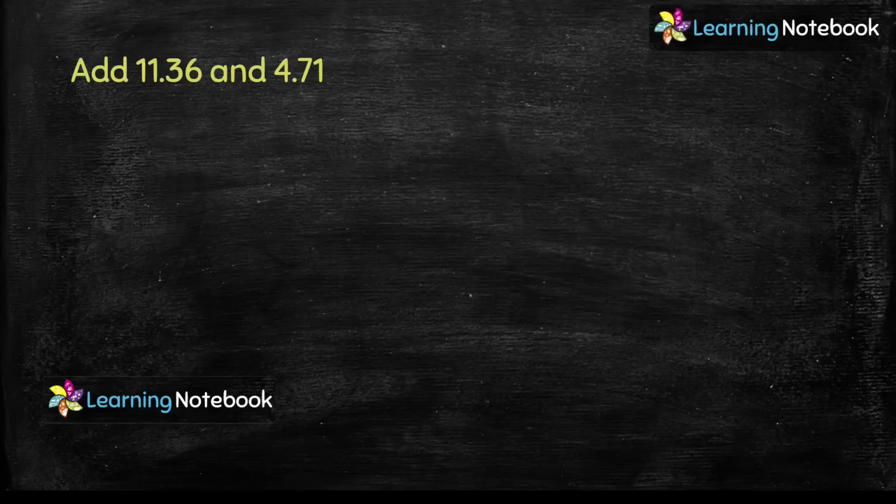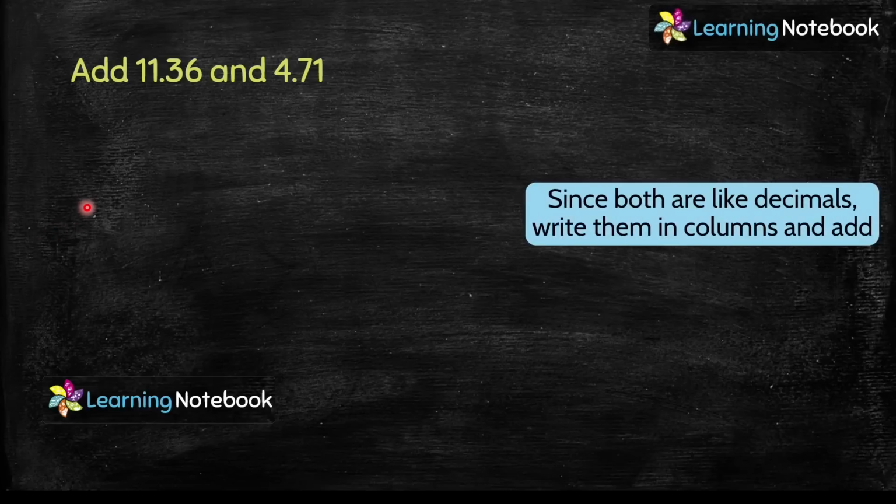Question is, add 11.36 and 4.71. So our step 1 is convert them into like decimals. But students, as we can see here, both the given decimal numbers are like decimals because both of them have got the same number of decimal places.